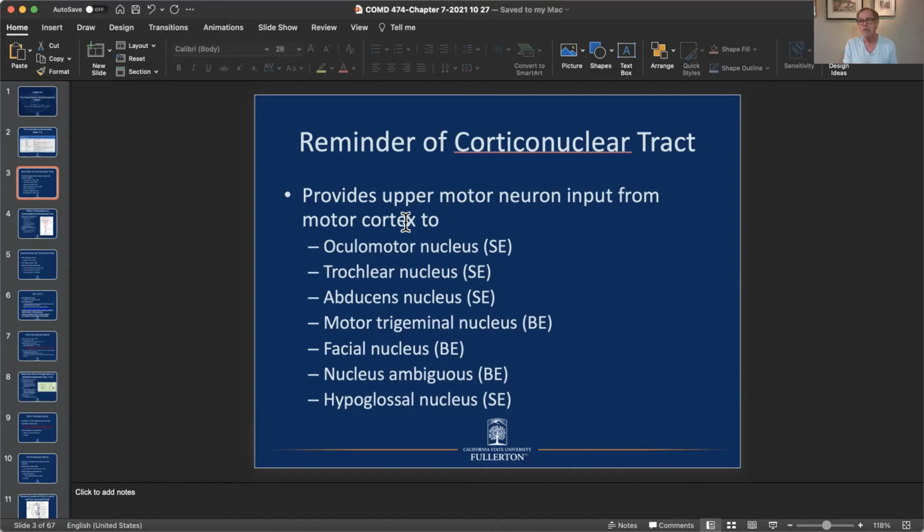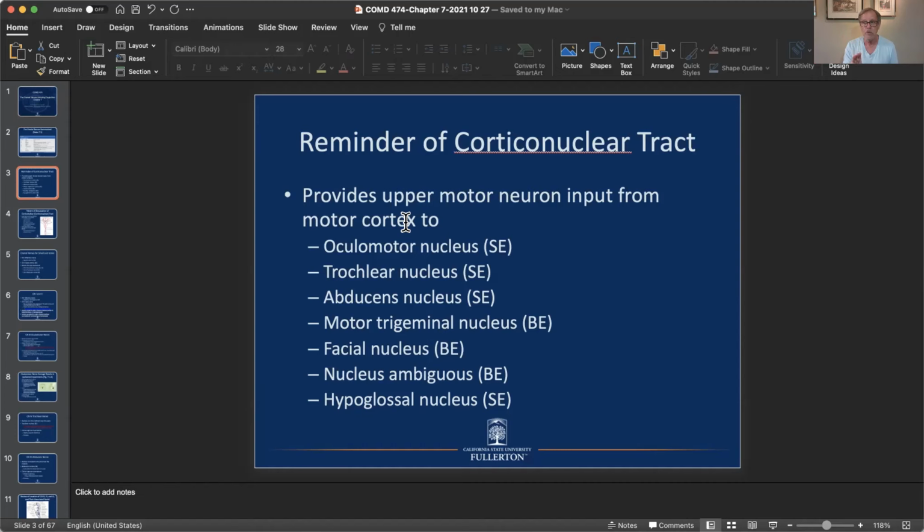It's exactly the same thing, really. Cortical spinal neurons go down to the spinal cord, cortical nuclear just go to the brainstem, but they're carrying the same kind of information.